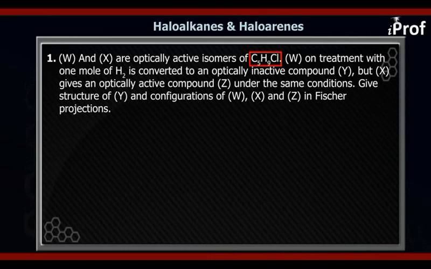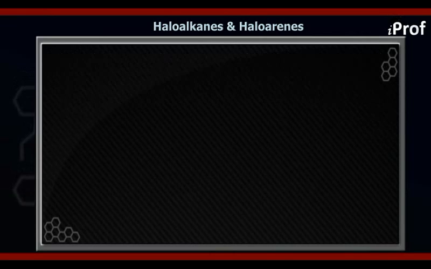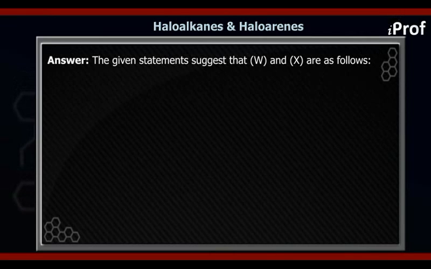C5H9Cl. C5H9Cl has two optically active isomers. That means in this particular compound we will have two isomers of C5H9Cl which are optically active, which means there will be one carbon in this formula which will contain all four different groups.